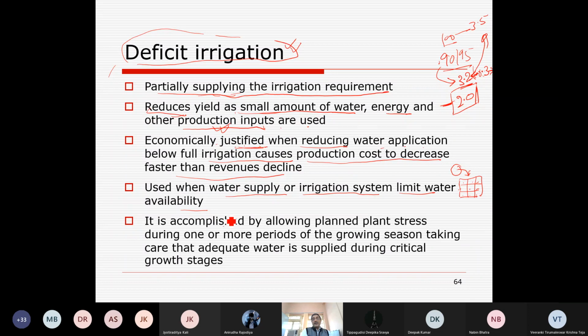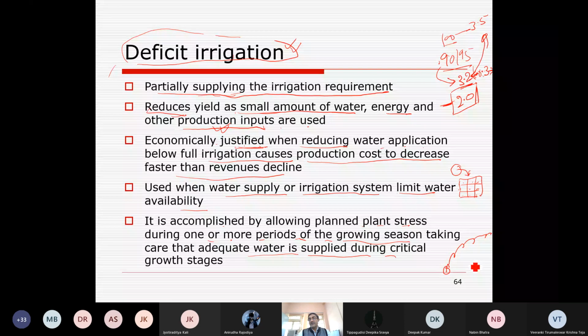Deficit irrigation is accomplished by allowing plant stress during one or more periods of the growing season, while taking care that adequate water is supplied during critical growth stages. So plants are sowed, germinated, growing, flowering, filling up the grain, maturing, and then harvested.